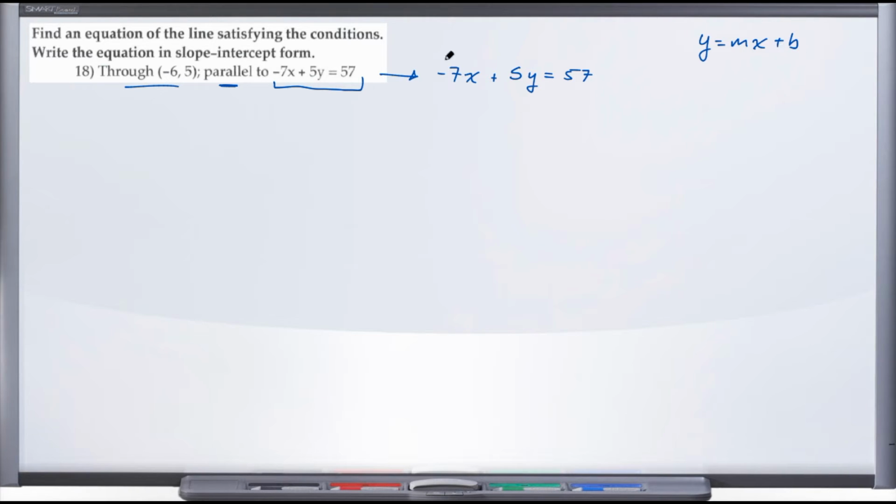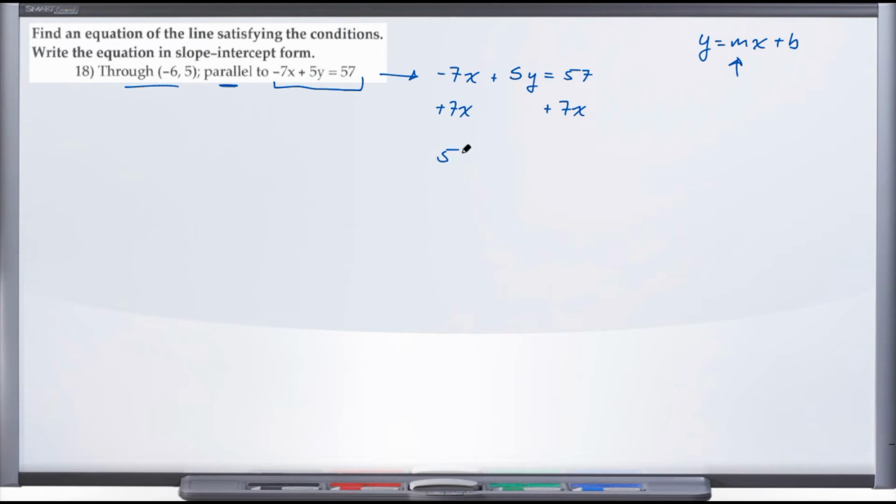We want to do this because in this form, we are quickly able to identify what the slope is. Otherwise, it can be difficult to see right off the bat what the slope is. But if we put the given equation into slope-intercept form, right away we can see our slope. To do that, we'll go ahead and add 7x to both sides.